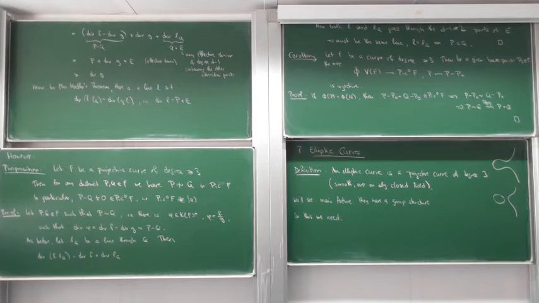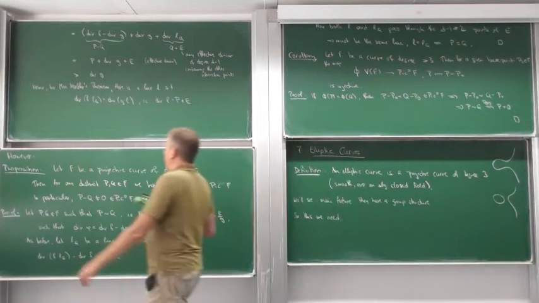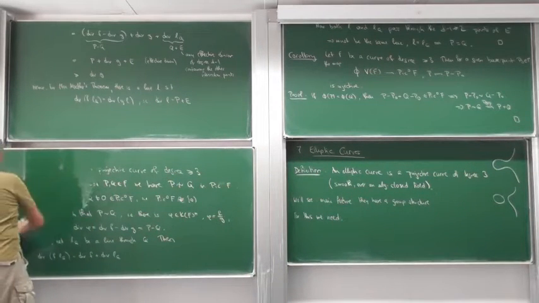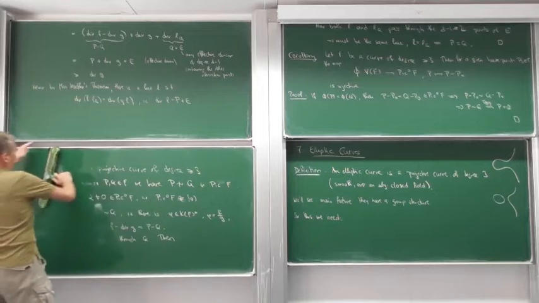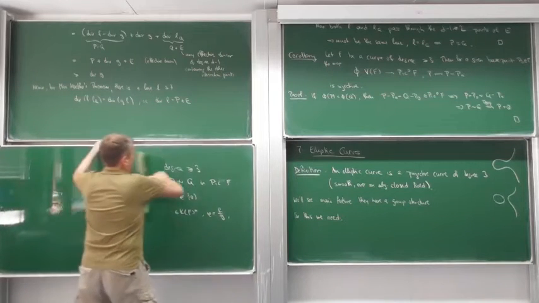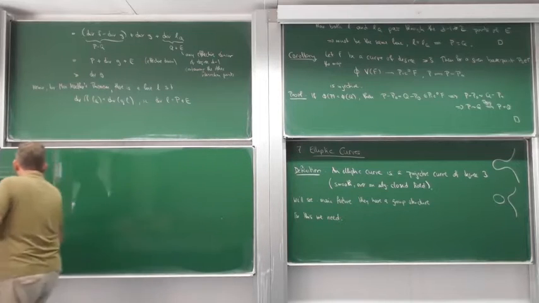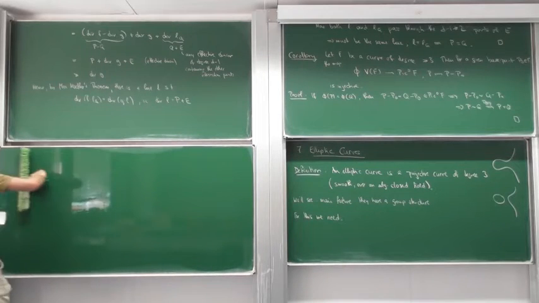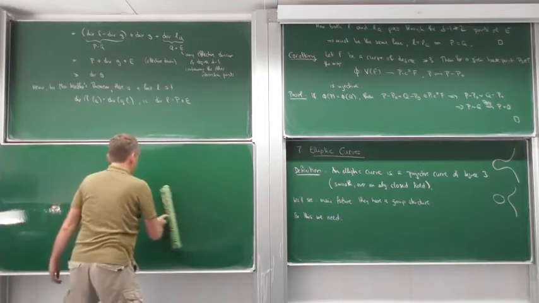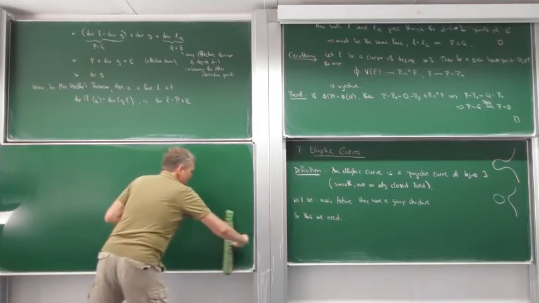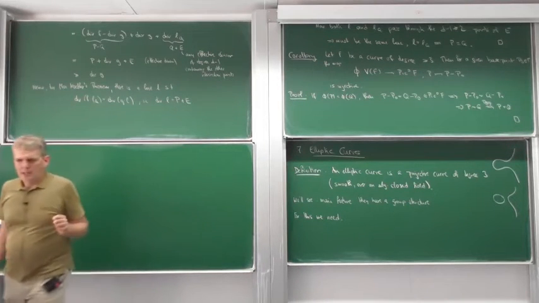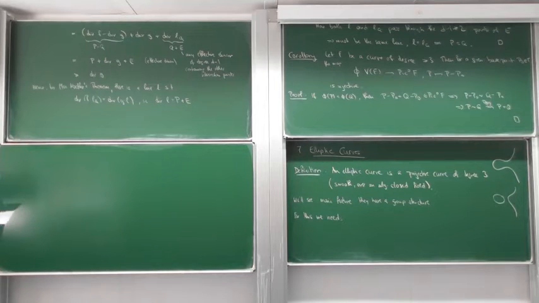Namely, if we take any two points on the curve, we can take the line through them, or in the case of the same point twice, we take the tangent. As we have a cubic, a curve of degree 3, that line will intersect the curve in exactly one more point by Bézout. And this point will then be the result of the operation.